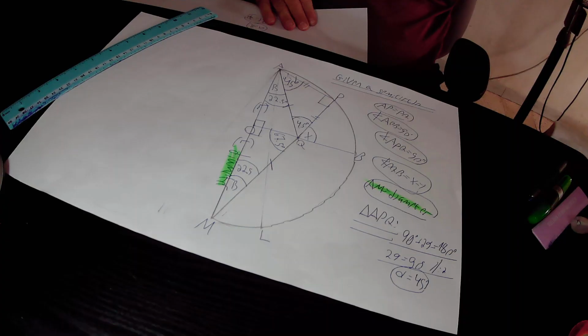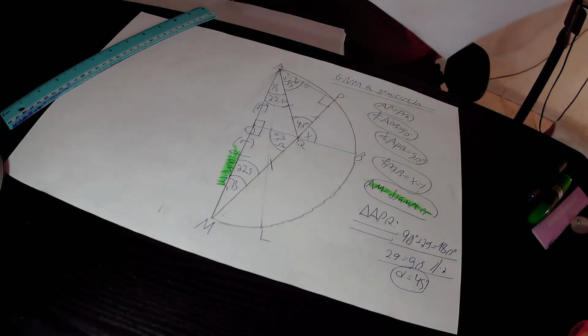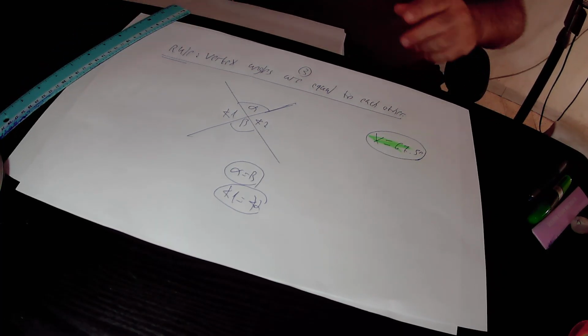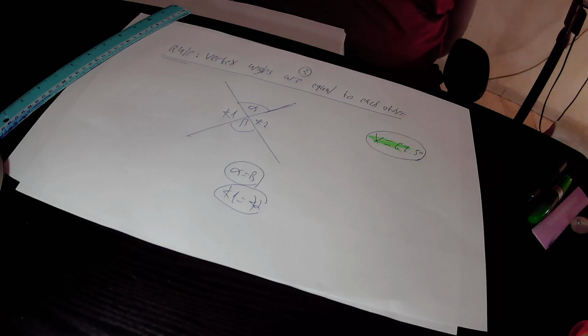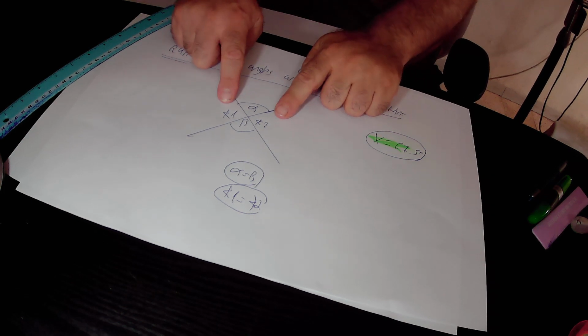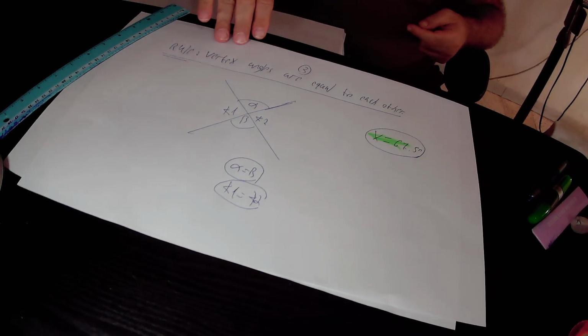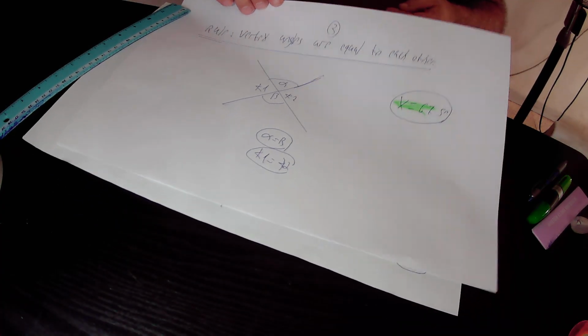In the next step, I presented to you the rule that says that vertex angles are equal to each other. Those two angles, alpha and beta, are defined as vertex angles, and therefore they are equal to each other. Alpha equals beta. Likewise, those two angles are also defined as vertex angles, and they are equal to each other. That is to say, angle 1 equals angle 2 in its size. So we can implement the rule in our drawing.